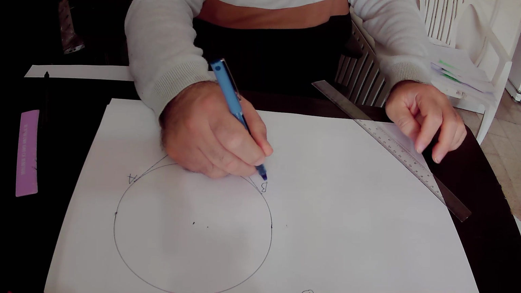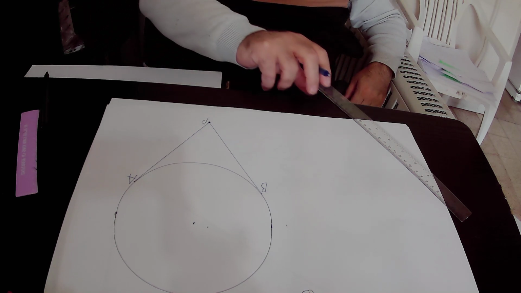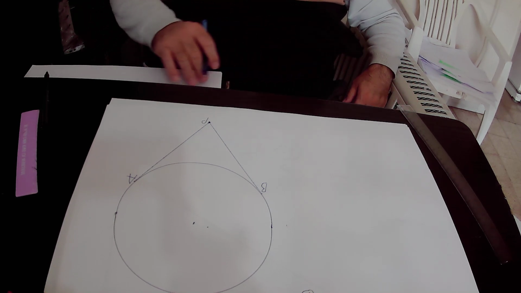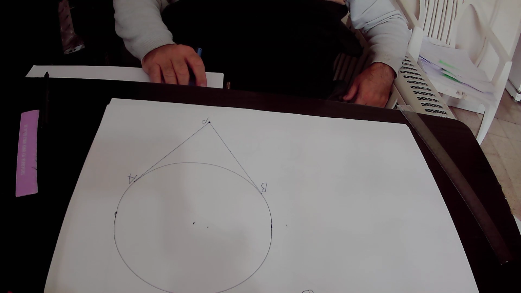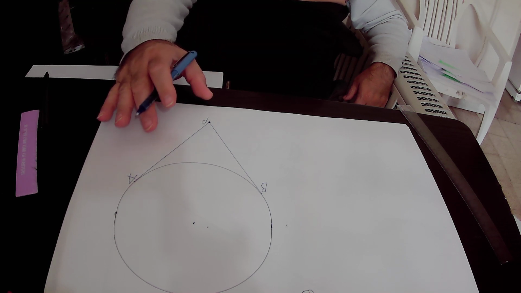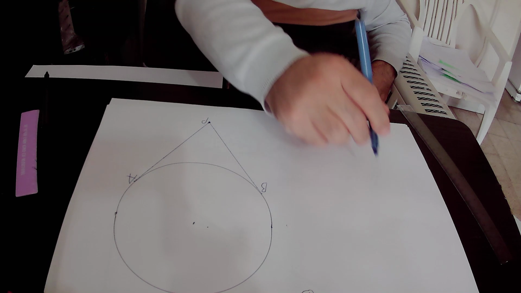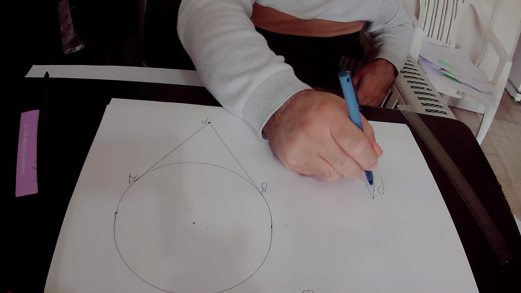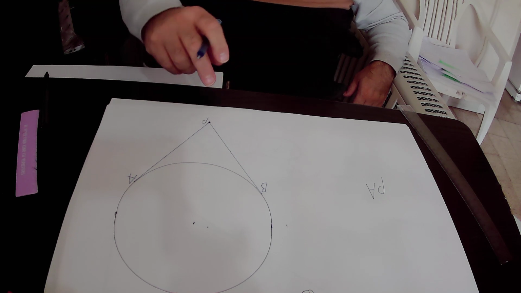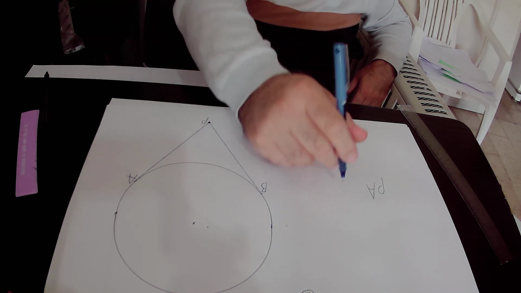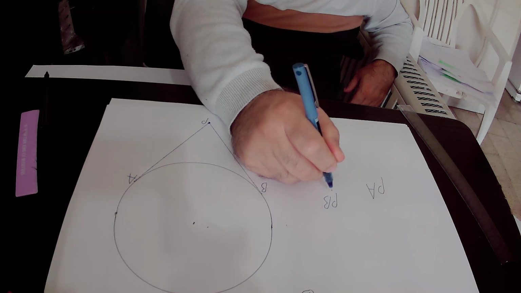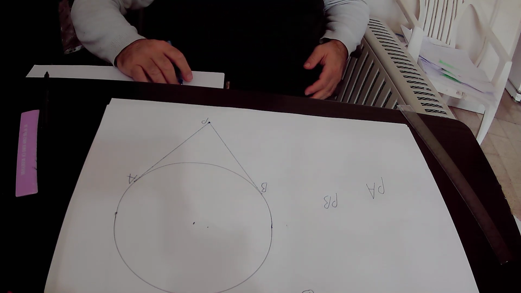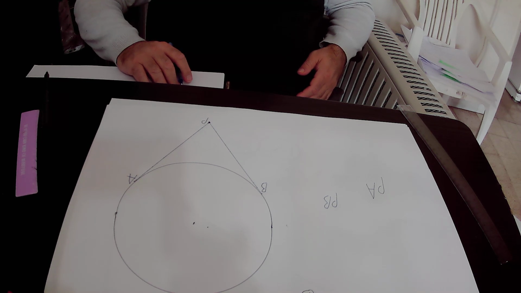So according to rule number 1, or two tangents theorem, the lengths of two tangents, that is to say, the length of this first tangent is PA, and the length of the second tangent is PB, and the lengths of two tangents from a common external point to a circle are equal.